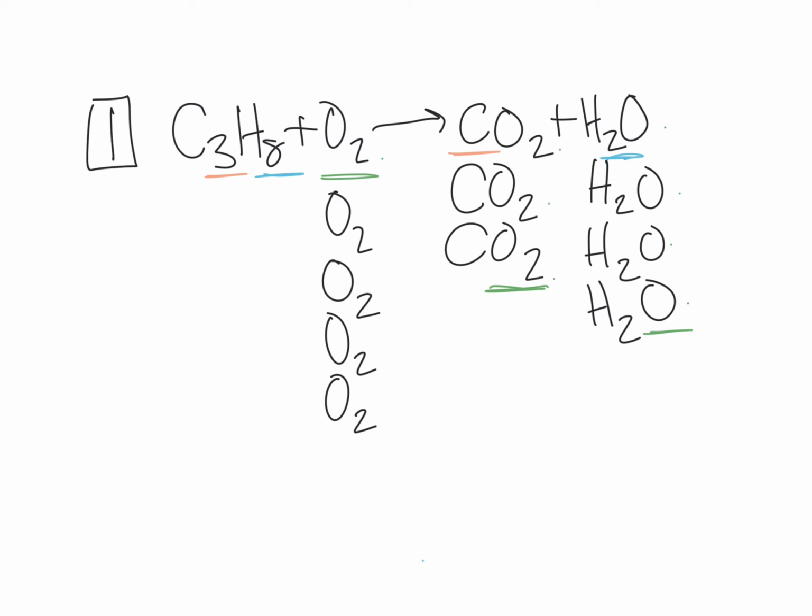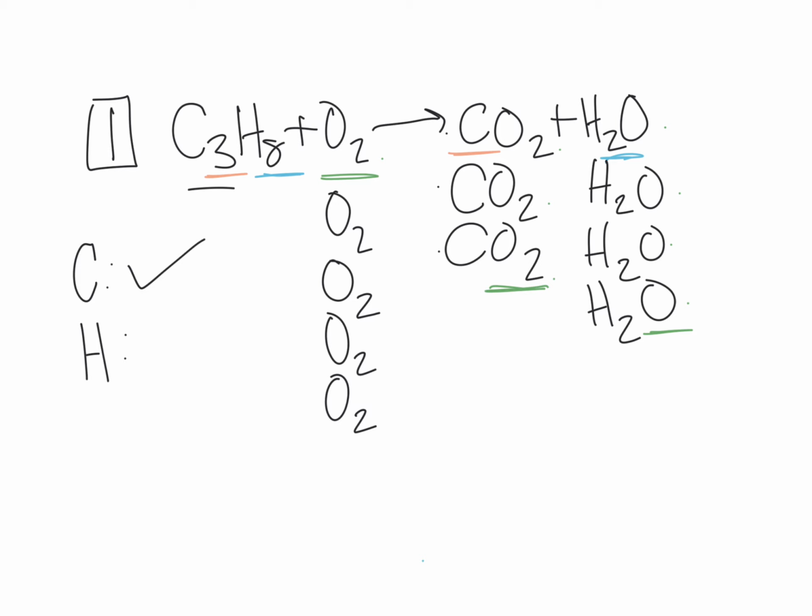Now before we move on and write down our coefficients, we should check to be sure everything's still balanced, because sometimes changing one element's going to throw off another. So let's go through the list again, starting with carbon. Carbon has 3 on the left and 3 on the right. So carbon's good.